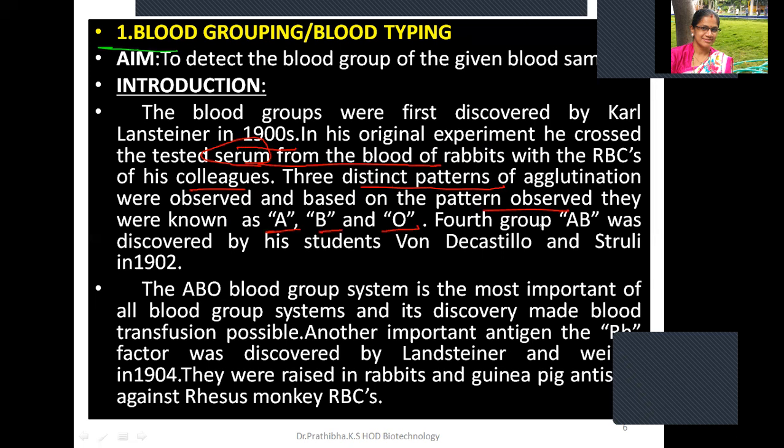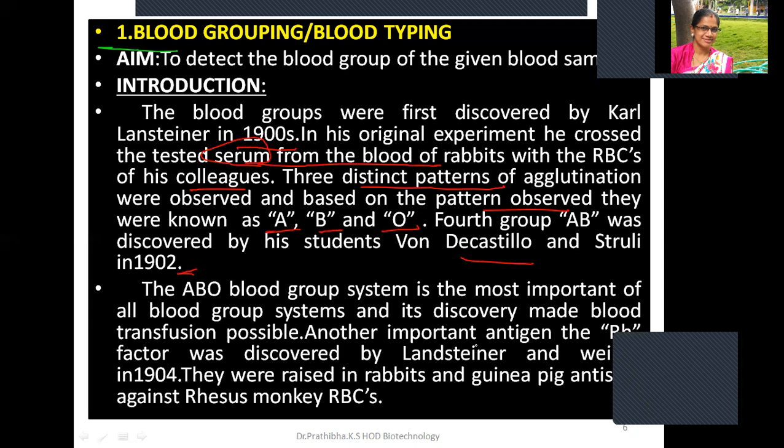The fourth group, that is AB, was discovered by one of his students, von Decastello and Sturli, in the year 1902. They demonstrated the fourth blood group, the AB blood group. The ABO blood group system is the most important of all blood group systems, and its discovery made blood transfusion possible.